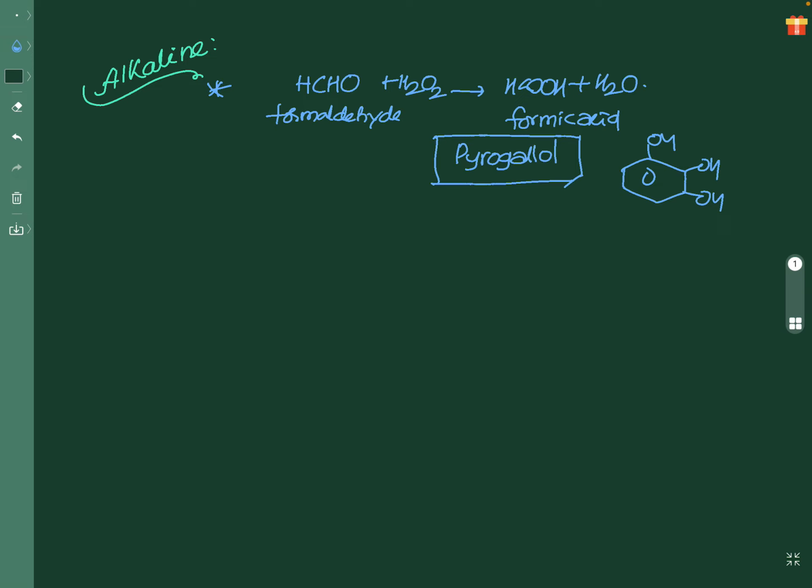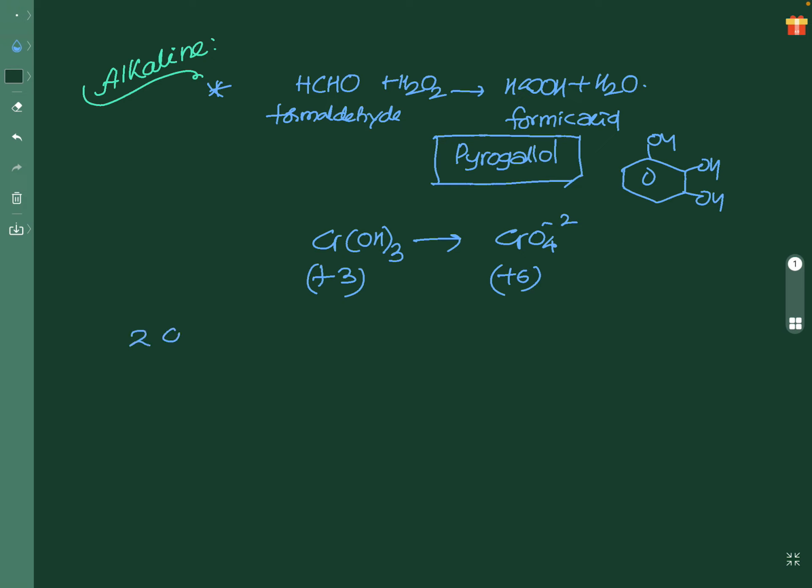Then chromium hydroxide, Cr(OH)3, where the oxidation state of chromium is +3. This chromium hydroxide is converted to CrO4 2-, where the oxidation state of chromium is +6. +3 to +6, an increase in oxidation state, but it happens in the presence of basic medium.